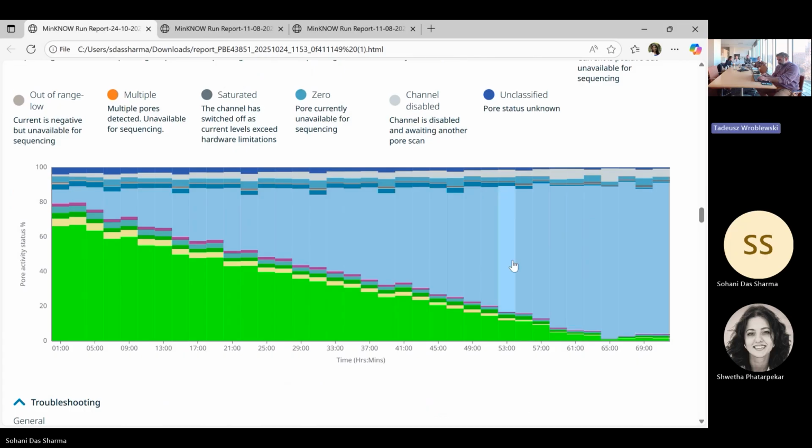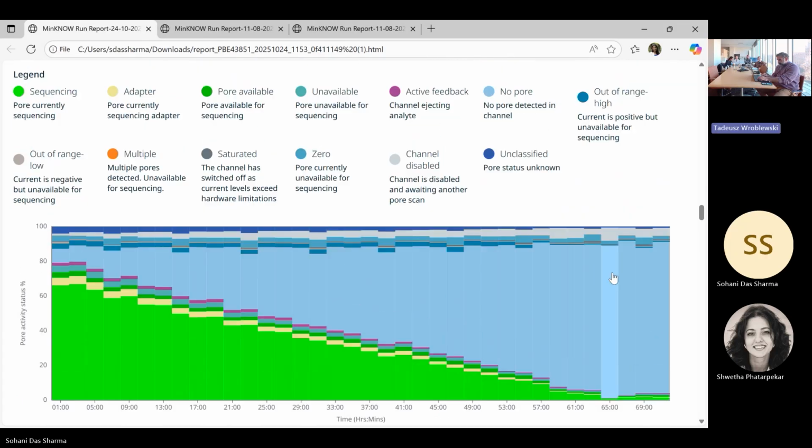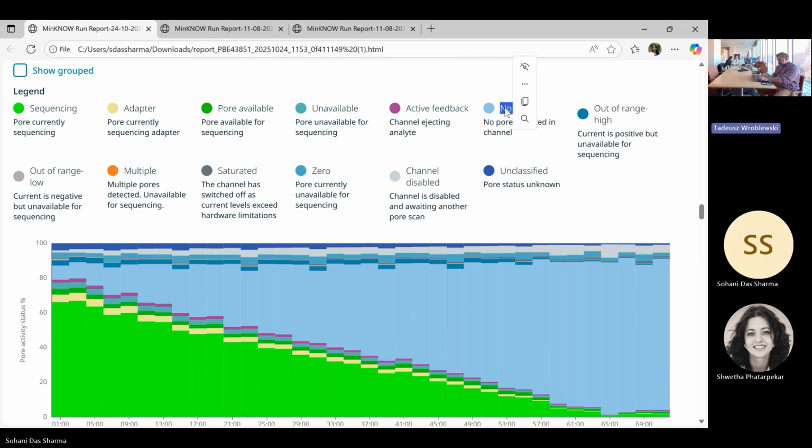So this blue is probably no pore. No pore means there is no electrical signal being detected. I think they should change the color, because this blue is this blue. So this is the no pore, and the 0 is here.